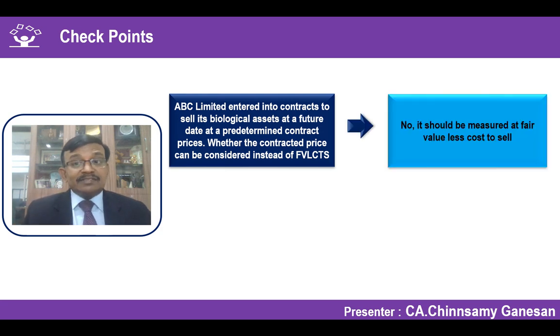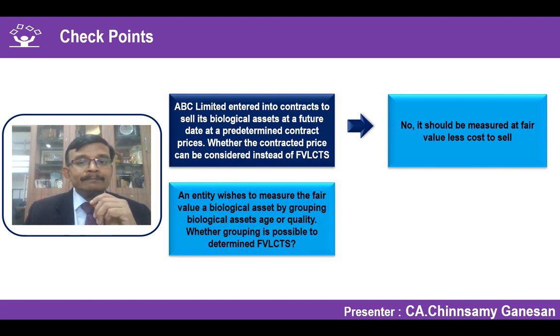The standard says no. Fair value arises between market participants in a normal transaction, whereas the contracted or future price may not be equivalent to the fair value. So you have to test whether the fair value is there. You cannot simply say that my risk is limited only to the contracted price, so I will do the fair valuation. No, it is not permitted.